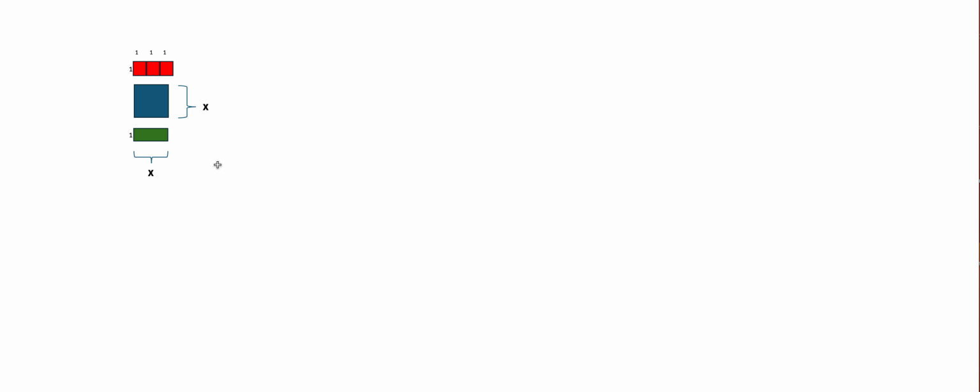So there's X there. This width is a 1 up here. The width of each one of those is 1. But here, this is a square, so that is X also.